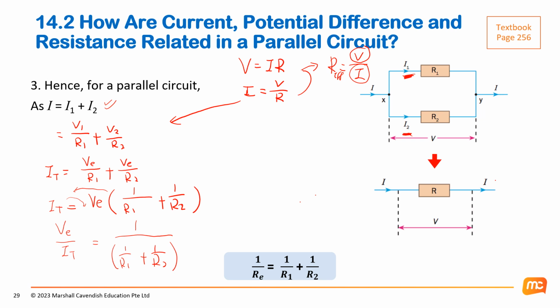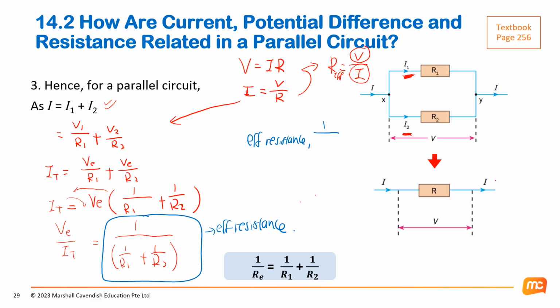This itself is the effective resistance of a parallel circuit. If I were to put it simply, the effective resistance, or RE, will just be 1 over the reciprocal of each of the resistances.